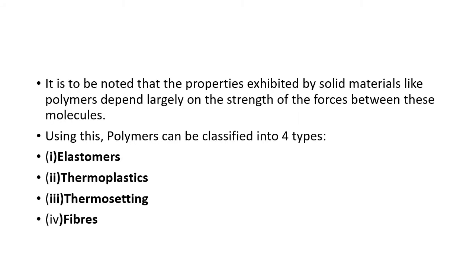So it is to be noted here that the properties exhibited by solid materials like polymers depend largely on the strength of the forces between these molecules. So using this, polymers can be classified into four types, that is elastomers, thermoplastics, thermosettings, and fibers.